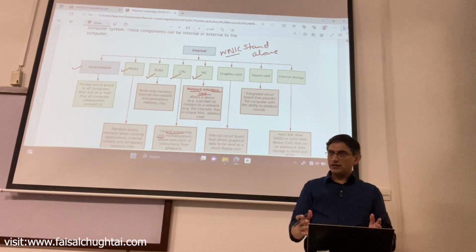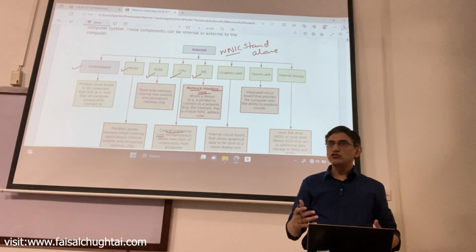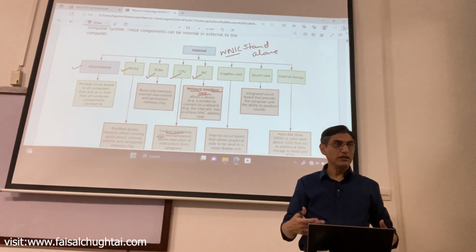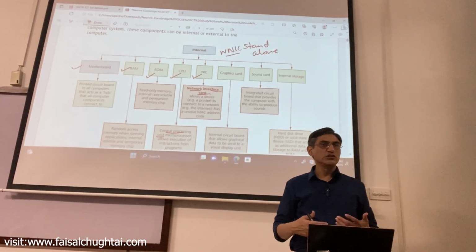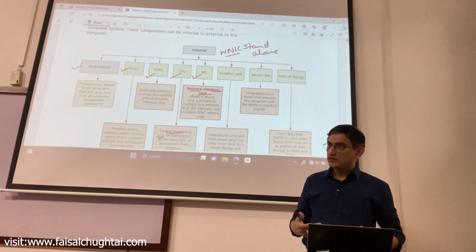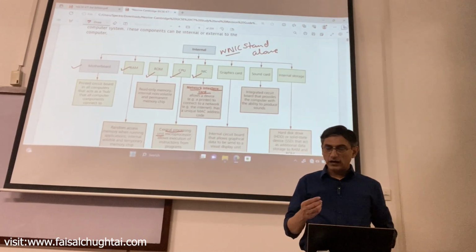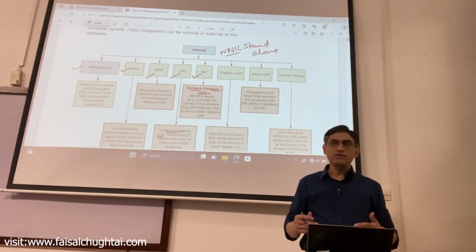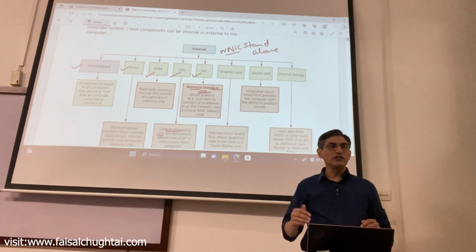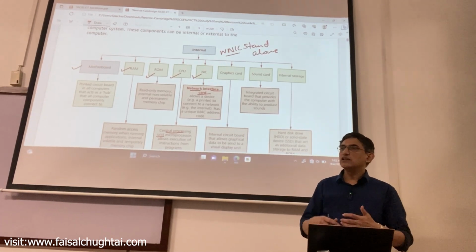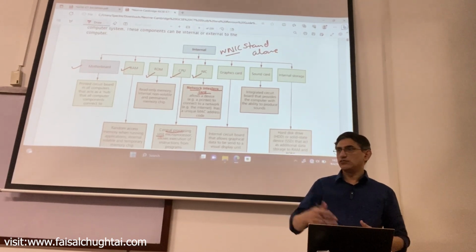So modern day laptops, because a laptop is a kind of computer that is meant to be portable, that is meant to be carried around. If on the move I want to use internet on my laptop, or I want to connect it to any network, my laptop has to have a wireless NIC, so that without having the need to plug in any wire, I can still connect my computer to the network.